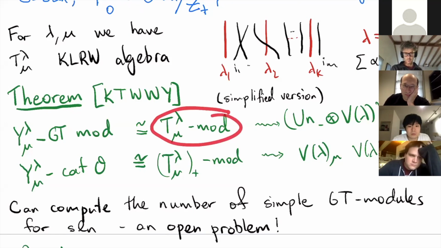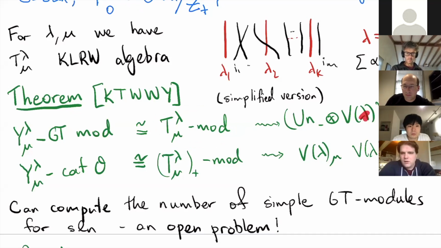It's only a one-sided categorification. There's only F_i functors, not E_i functors, only the positive part. For example, if you take lambda to be 0, then this algebra just becomes the usual KLR algebra, and you get the usual statement that modules of the KLR algebra categorify U of n minus, but only as a representation over itself.